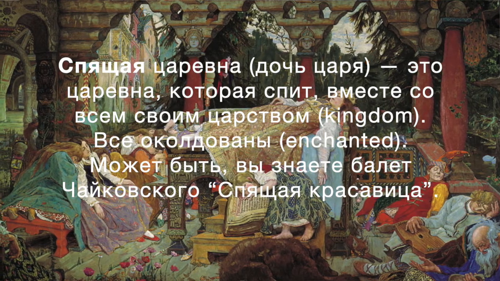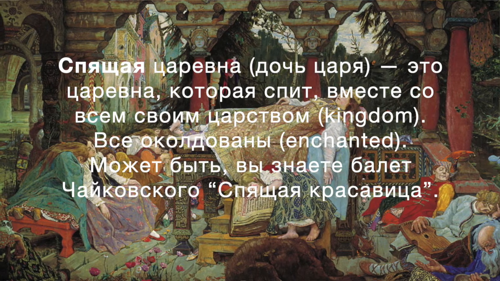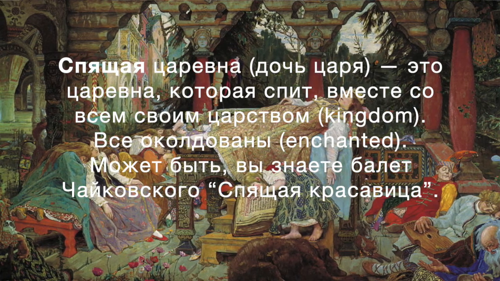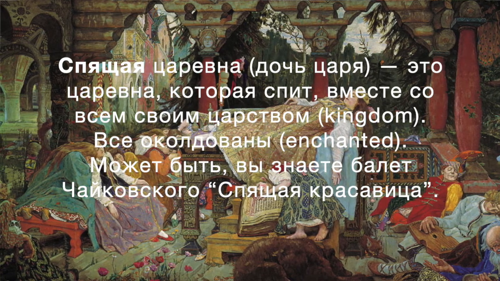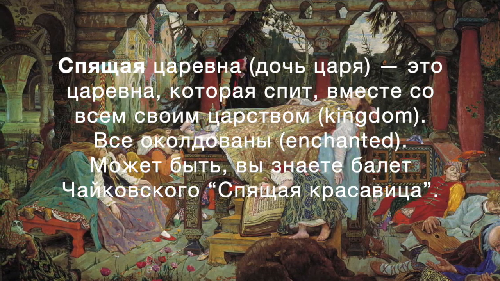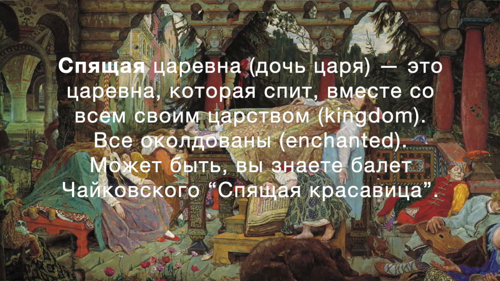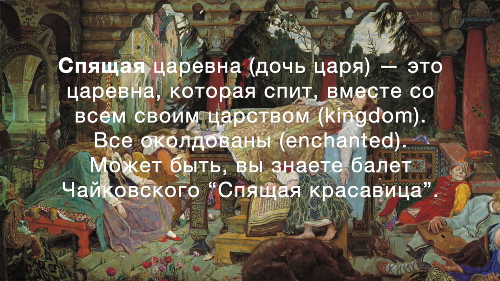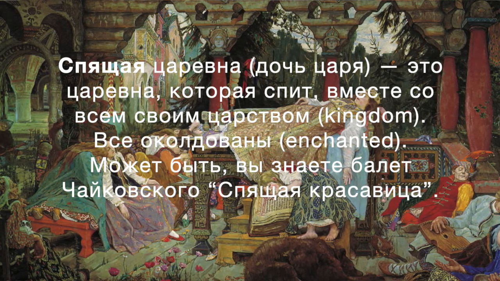That form, околдованы, is a short form PPP, as we'll call it, perfect past passive participle. We'll learn that form later. «Может быть, вы знаете балет Чайковского «Спящая красавица»». Perhaps you know Tchaikovsky's ballet, The Sleeping Beauty.